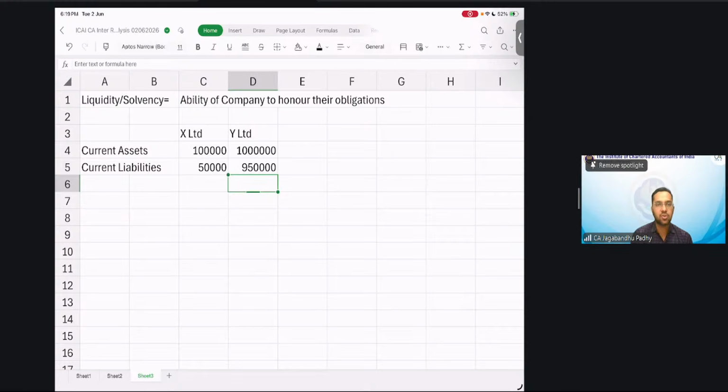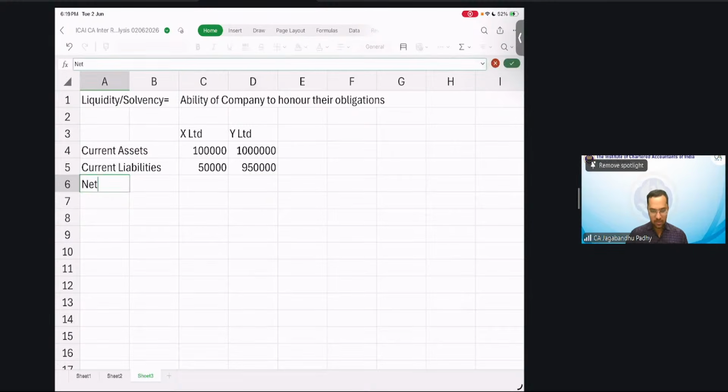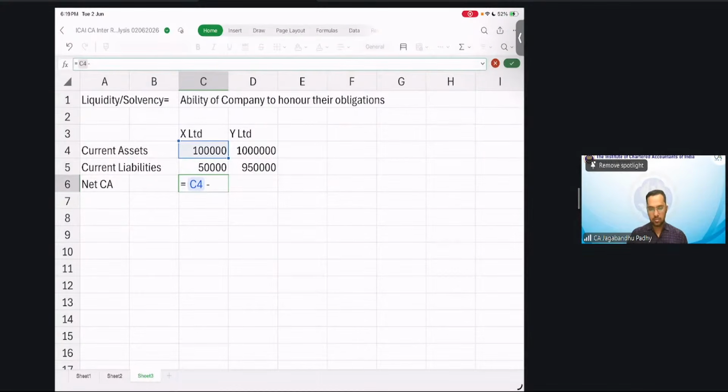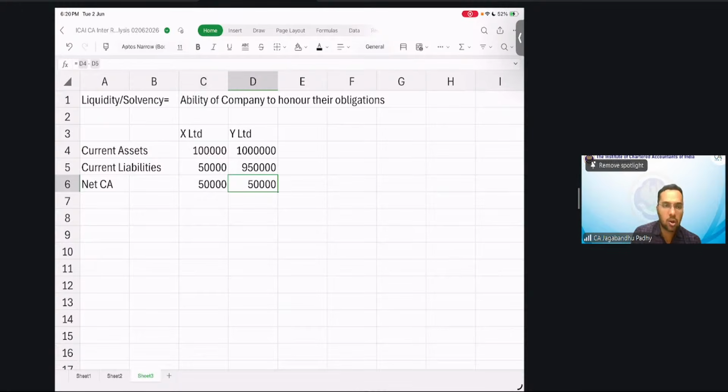So the net current assets are 50,000 in both cases. Now tell me, which of these two companies do you feel has more ability to honor its obligations?